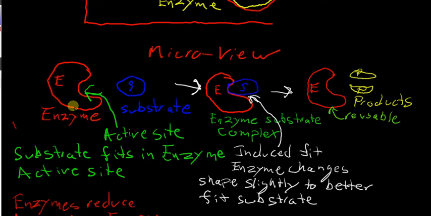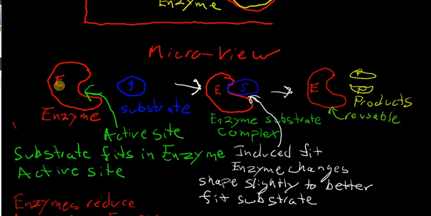Every enzyme has a specific substrate, or a molecule or set of molecules that it helps undergo a reaction. So every enzyme will usually have only one substrate, one molecule or atom or reactant that it will catalyze.